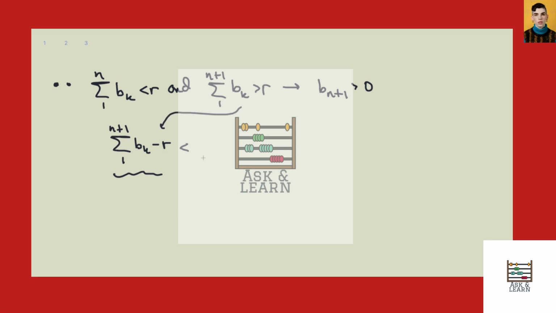So if you want, you could even put absolute values there, but it's not necessary. This will be less than b_{n+1}. Again, I don't need the absolute value because it's positive.